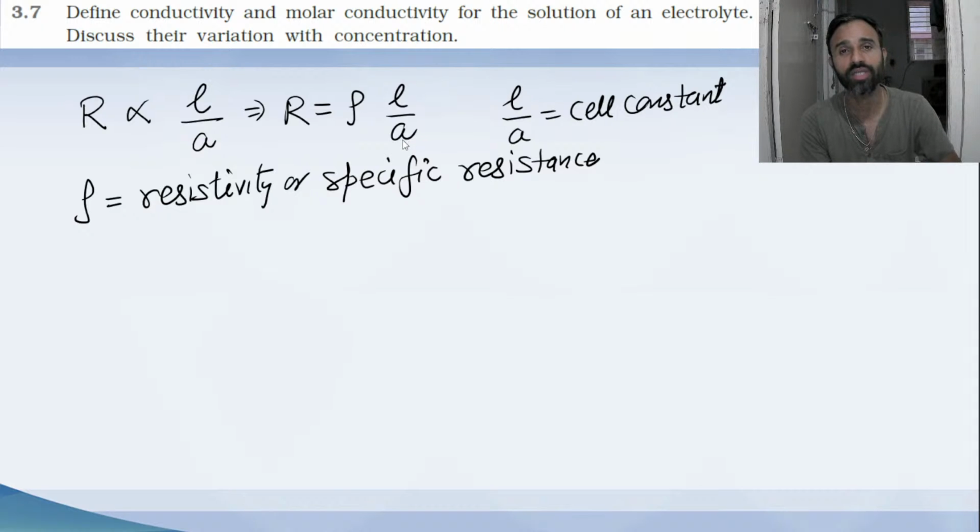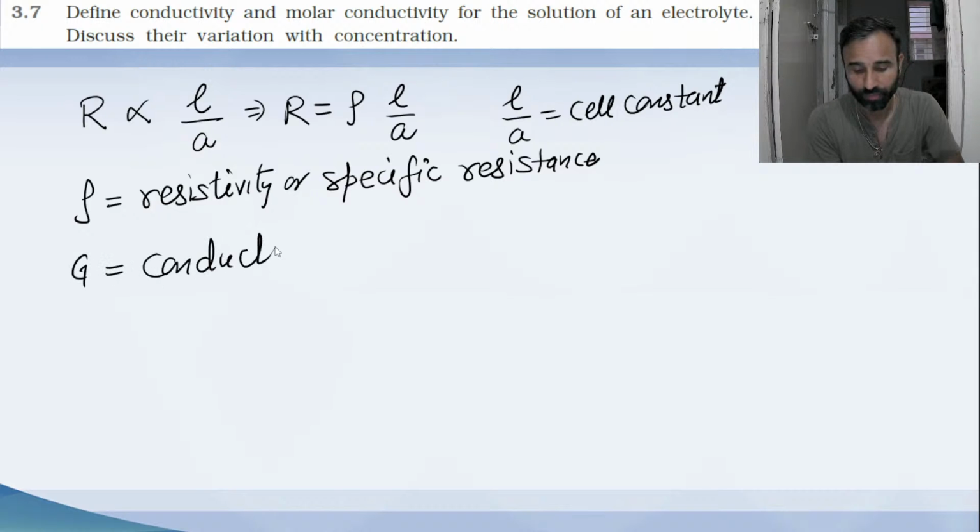Means it is the resistance of 1 centimeter cube of the solution. Now if G is conductance, as written in NCERT, that is equal to 1 upon resistance.